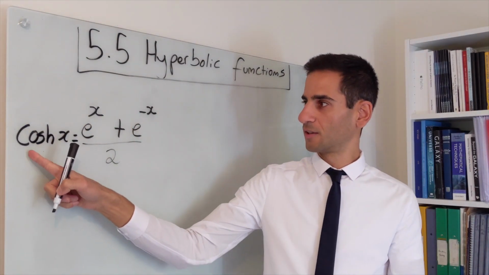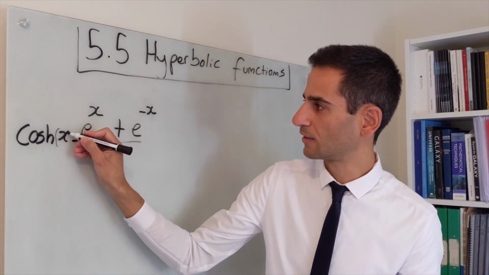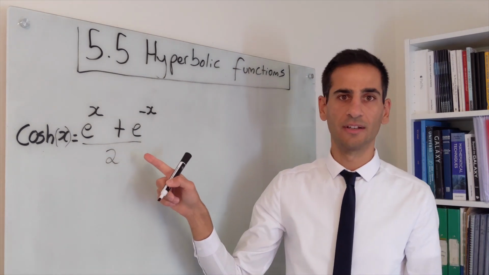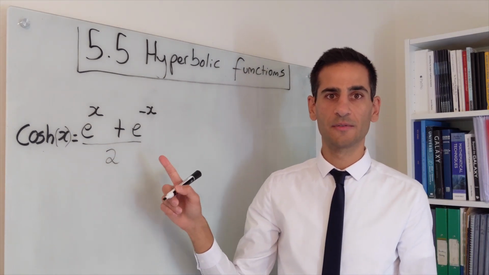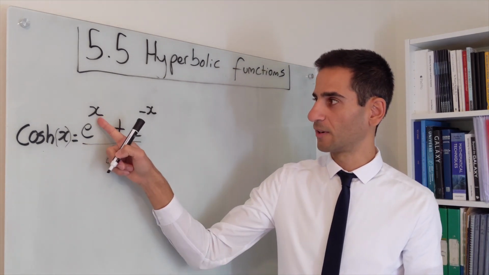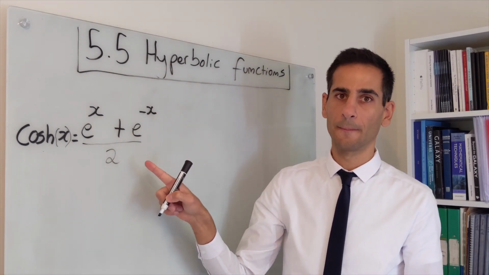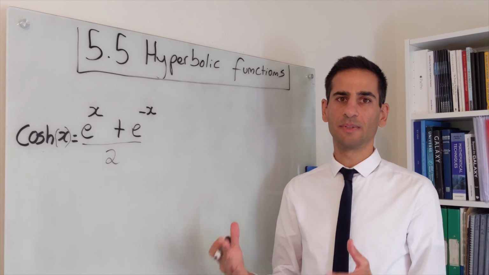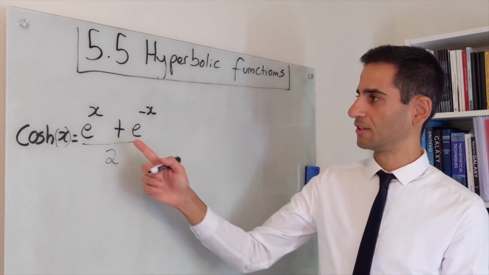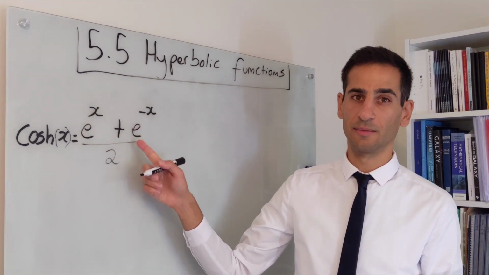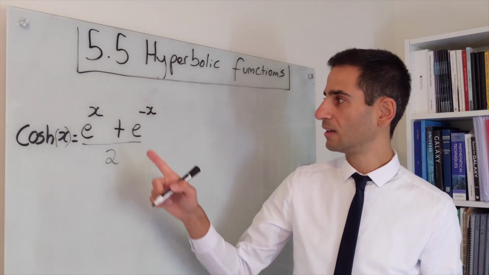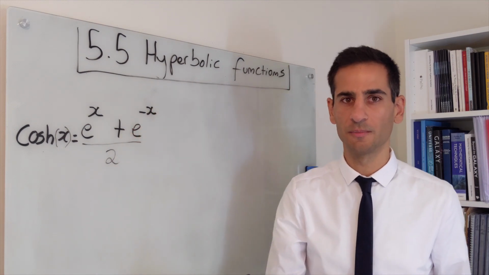We write it as cosh of x, and it is defined in terms of exponentials: e to the power of x plus e to the power of minus x, divided by 2. Now let's say that you play around with another combination of e to the power of x and e to the power of minus x, where instead of plus, we use minus.